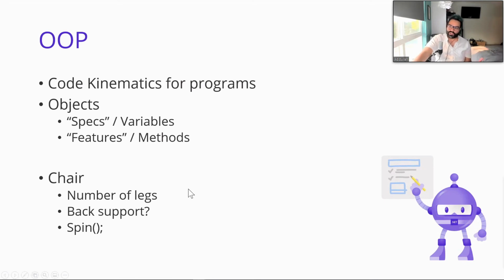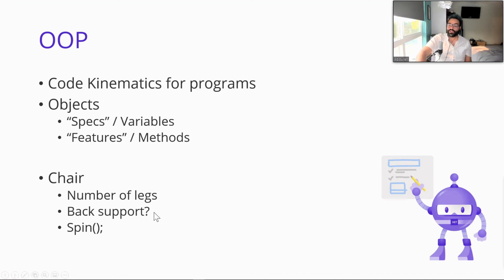Let's describe a chair in terms of variables and methods. We can say a chair has a number of legs, and that could be described with an integer, right? There are usually no half legs in chairs. So we can describe how many legs a chair has with an integer variable.